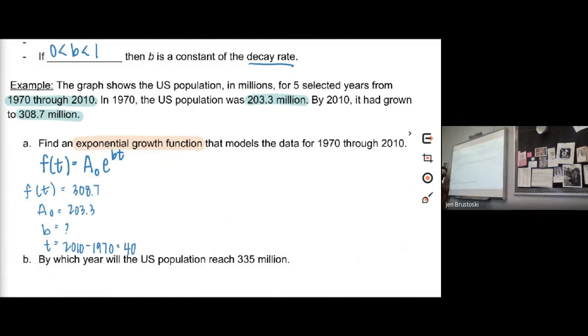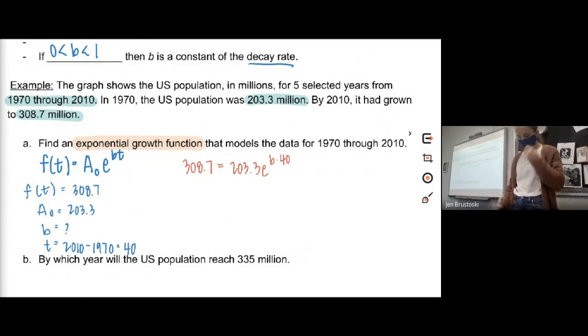So let's go ahead and plug all that stuff in. I have 308.7, I'll zoom in, equals a naught, 203.3, e to the b times 40. Okay, so I need to solve for b.